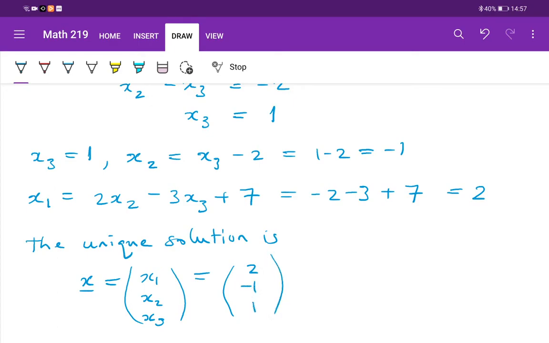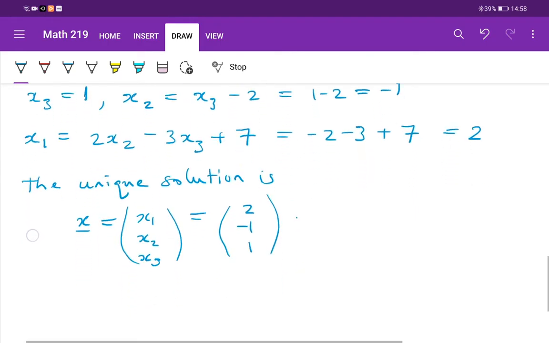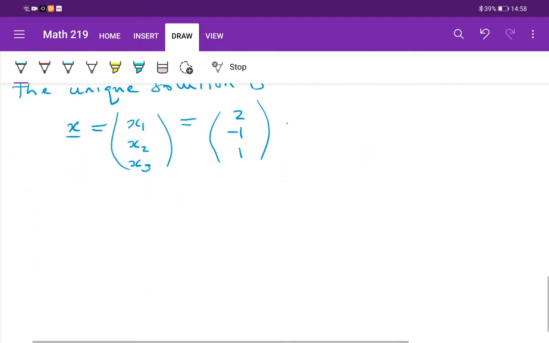So this is the unique solution, and it's easy to check that this is a solution. If you just plug this into the original equation, it satisfies it. So this is a solution, and the method shows us that this is the only solution. This is the unique solution. Okay, so here's a second example.